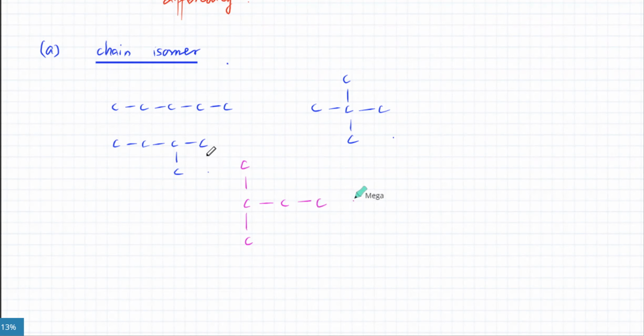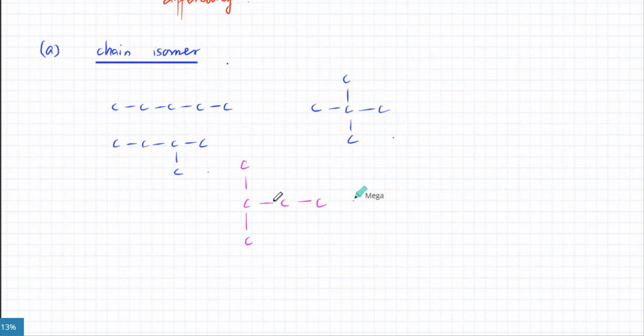Do you think I've drawn a different isomer compared to all the other threes? Is this a different molecule? Or is it the same? I mean, is this a different arrangement compared to the first three? Or is it the same as the first?